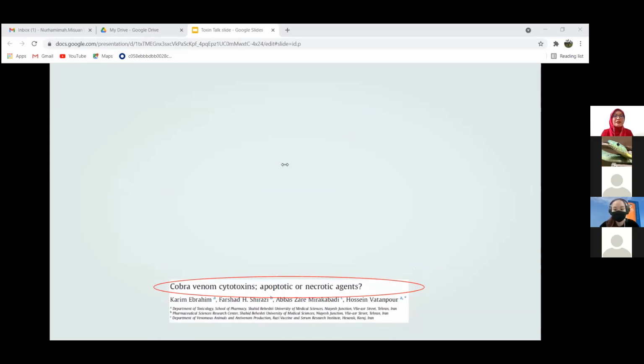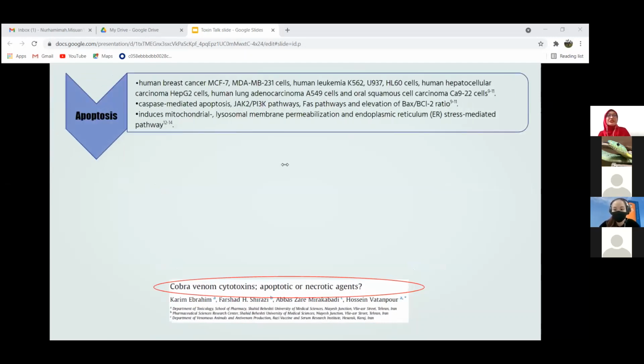When we are discussing apoptosis, some studies showed that cytotoxin induces apoptosis towards several cancer cells, such as human breast cancer, MCF7 and MDA-MB231 cells, human leukemia, K562, U937 and HL60 cells, and human hepatocellular carcinoma, HEP2 cells, human lung adenocarcinoma, A549 cells, and also oral squamous cell carcinoma, CA922.